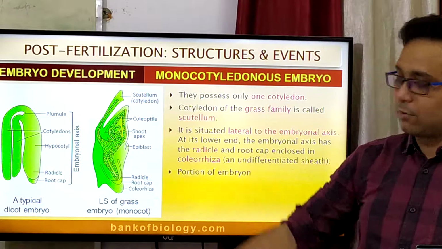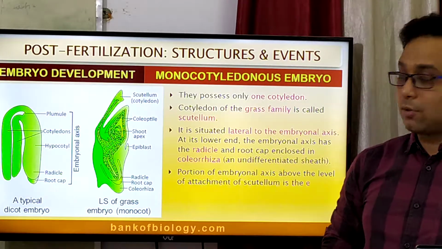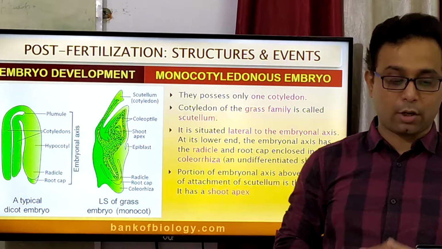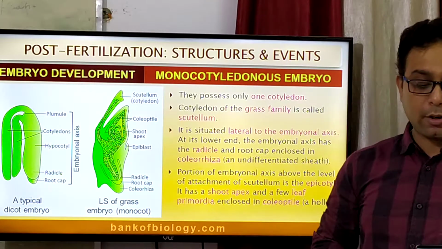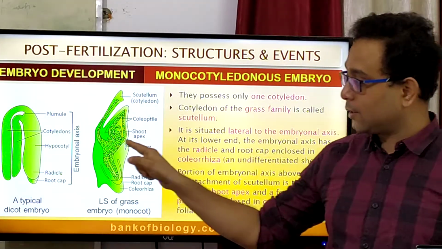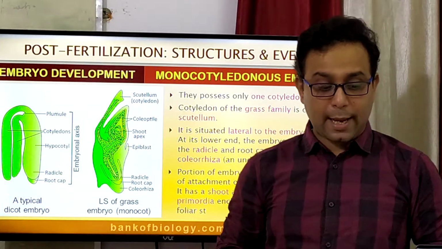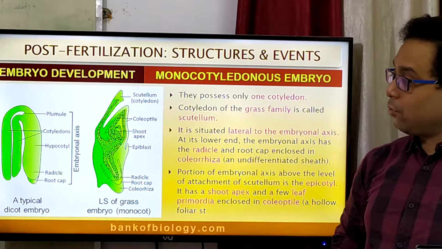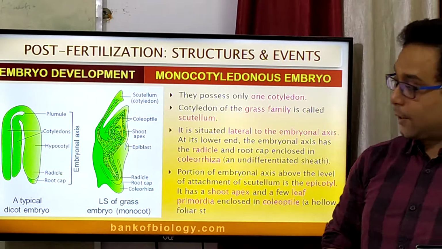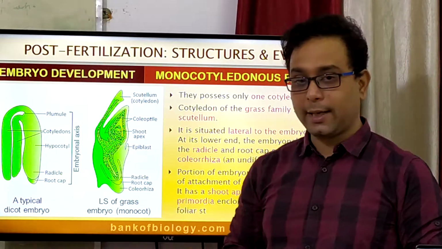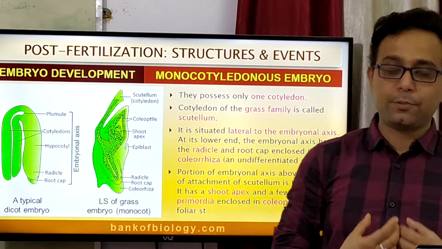Now we discuss the portion above the embryonal axis, which is called the epicotyl. You can understand this, this is the epicotyl part. In the epicotyl part, the shoot apex is there. This is the shoot apex, meaning from that portion the shoot is developed, and a few leaf-like appendages or primordia are enclosed by the coleoptile. It is the part of the coleoptile, right? It is present above the shoot apex.